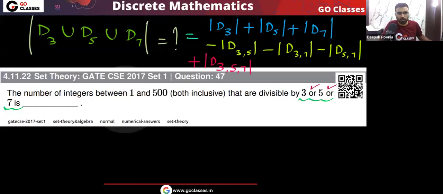This is the formula, very simple: single plus, double minus, triple plus. This is the inclusion exclusion principle, you can just apply.